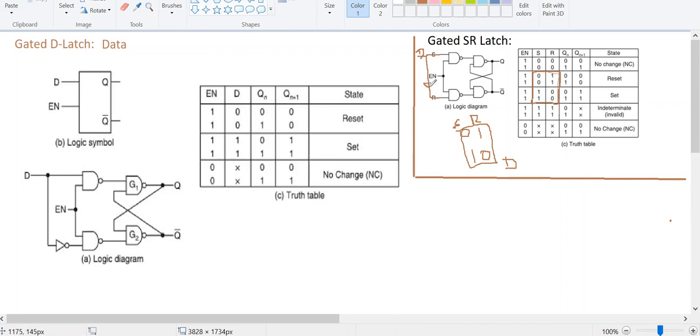Why? Because S is 0 one time and 1 next time, as we can see from this table.